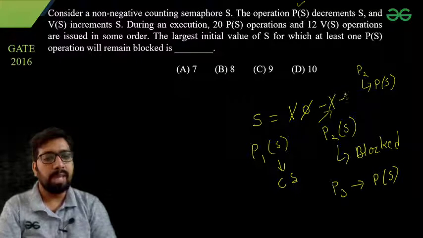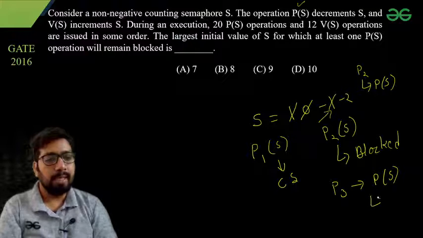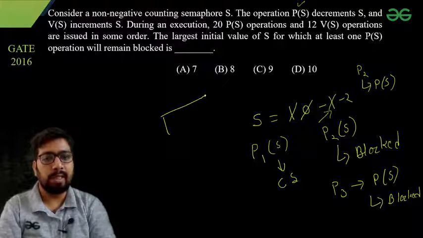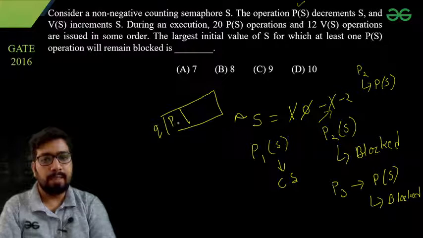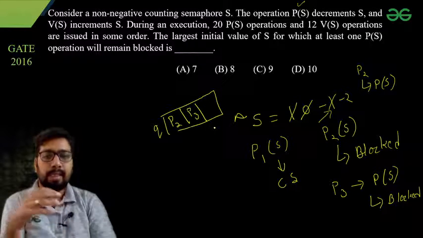So the value will go from -1 to -2, and this process will also go into the blocked state. Suppose there is a blocked queue associated with the semaphore, which consists of P2 and P3, two blocked processes.